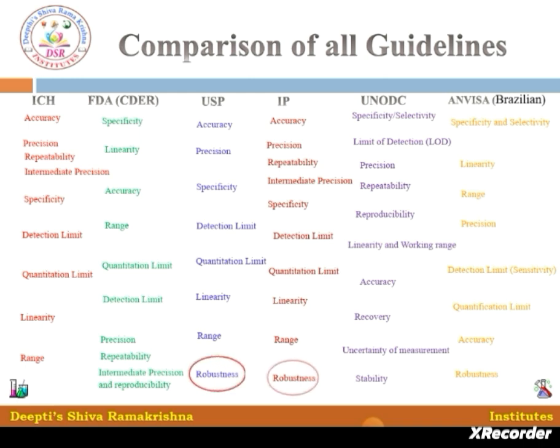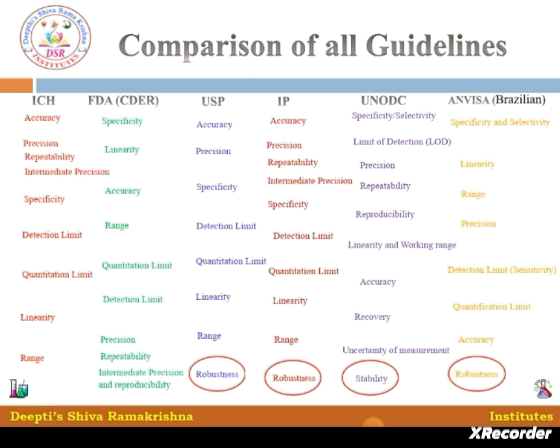In the USP, robustness is the different parameter given as extra, and in IP robustness is the extra parameter, and stability is the extra parameter in UNODC, and robustness is the extra parameter for ANVISA. So why are we comparing all these parameters?